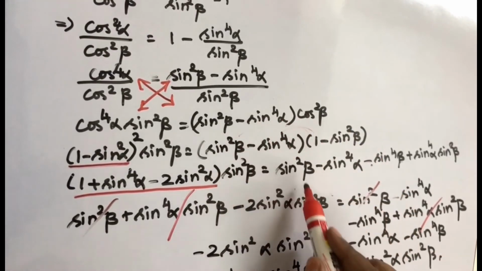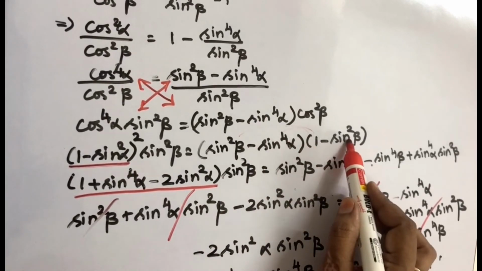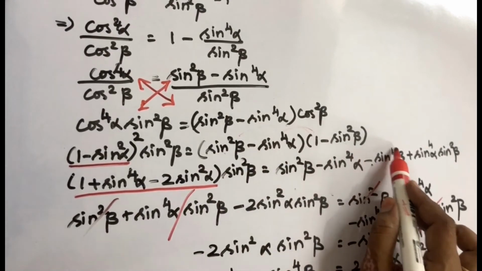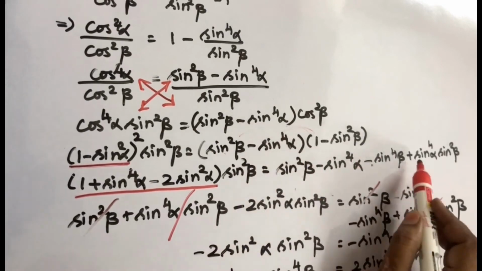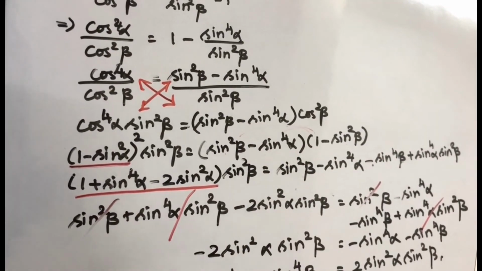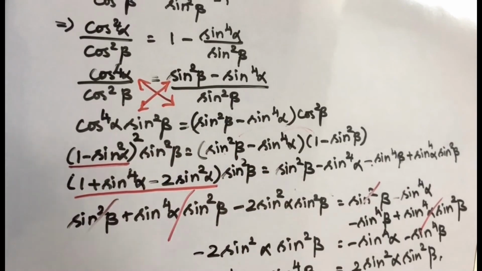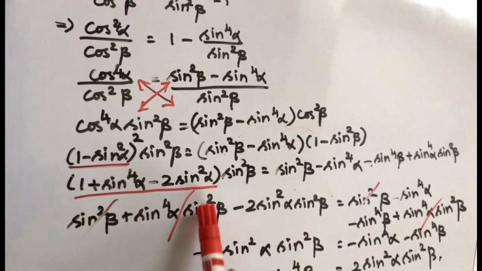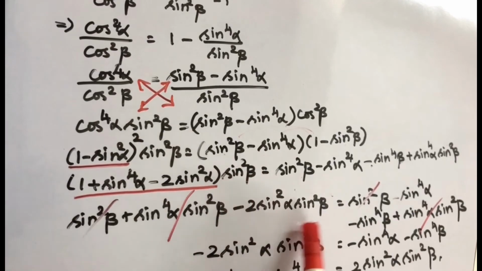So 1 into sin square beta minus 1 into sin power 4 alpha minus sin square beta into sin square beta, so it is sin power 4 beta. Minus into minus is plus sin power 4 alpha into sin square beta. Now again multiply the sin square beta inside. So 1 into sin square beta, sin power 4 alpha into sin square beta, minus 2 sin square alpha sin square beta, equal to the terms on the opposite side.